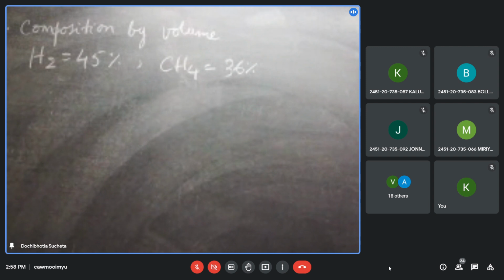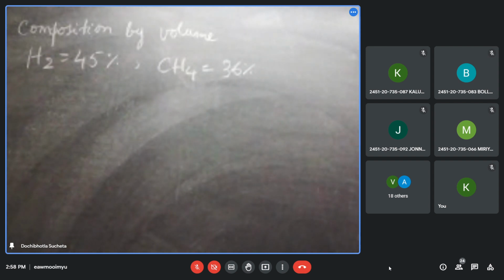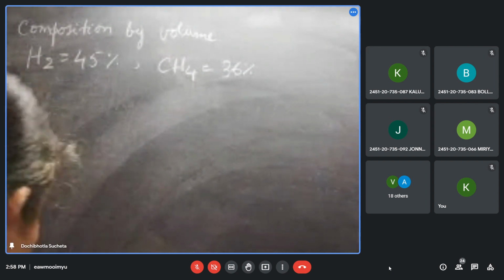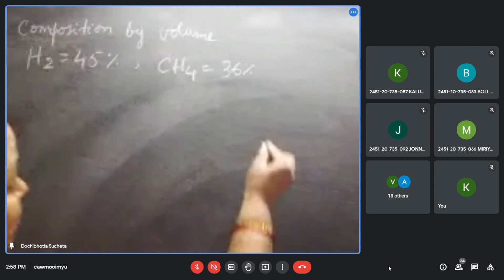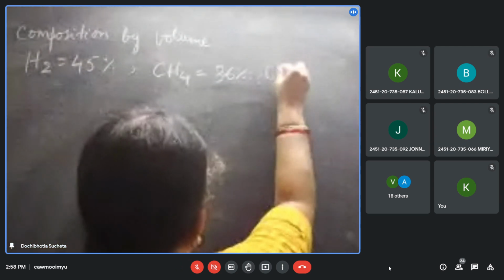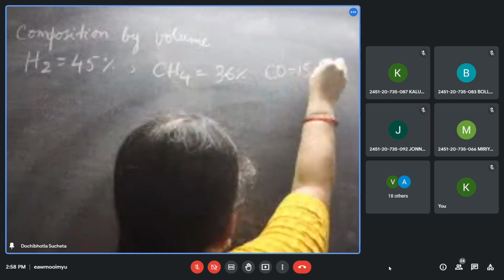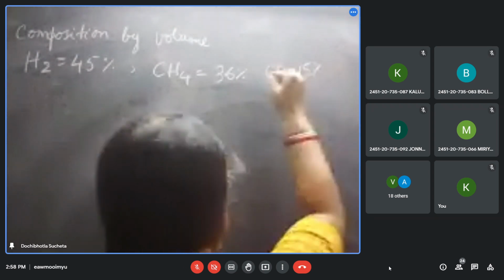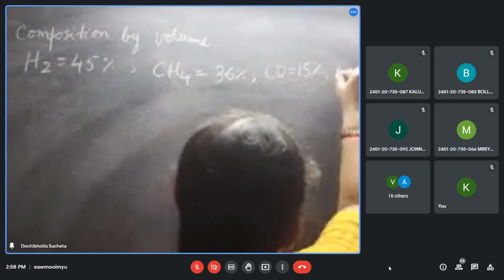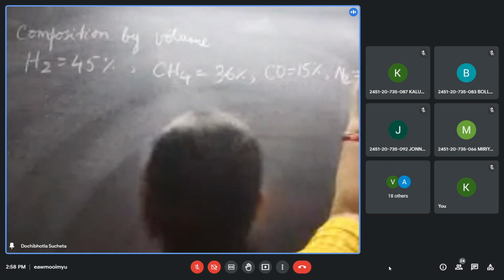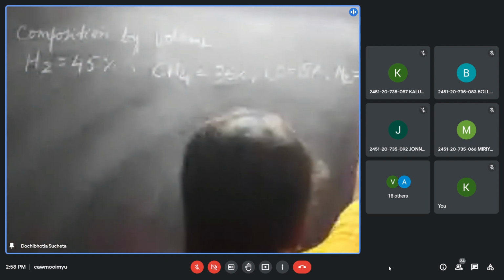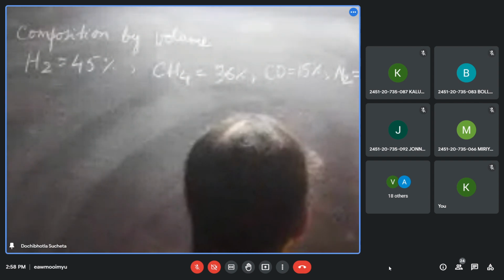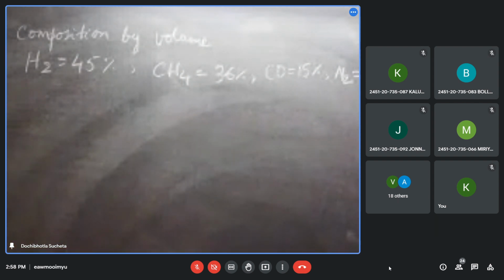Next, carbon monoxide 15%. Nitrogen, N2, is 4%.